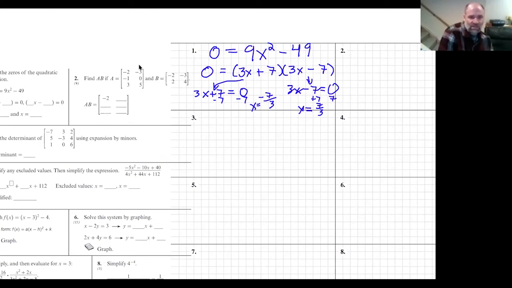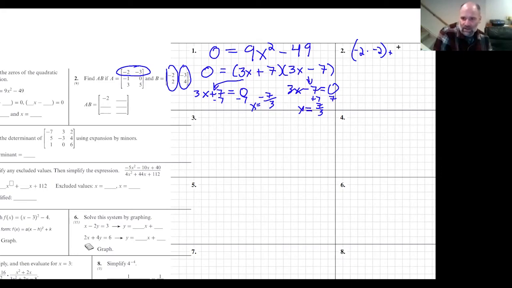So basically, first thing we're going to do is multiply this row times these 2 columns. Negative 2. So the first column, you remember it's negative 2 times negative 2 plus negative 3 times 2.